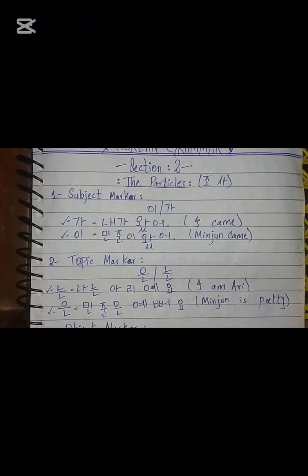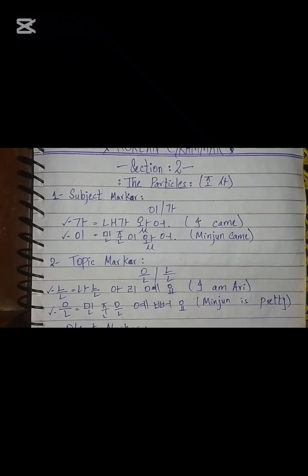In everyday life, in every single sentence, in every conversation, you will hear the particles, because they give sense to a sentence or a whole conversation. Without the particles, no conversation or sentence could be made. So the particles are very important.